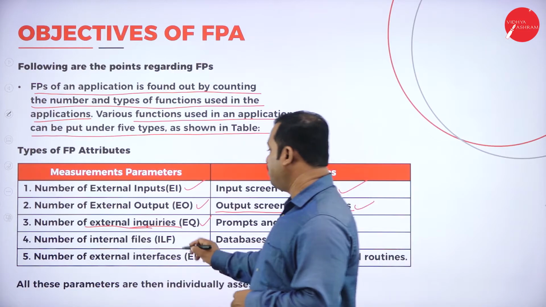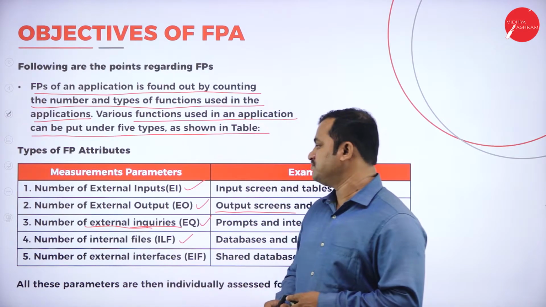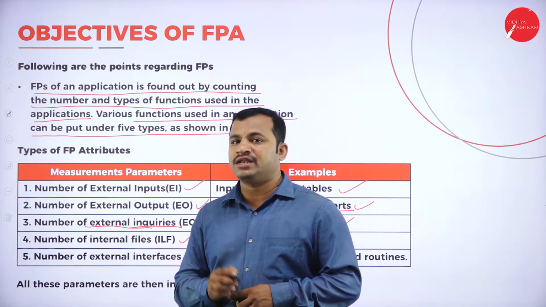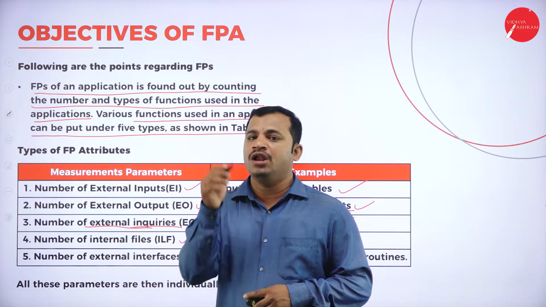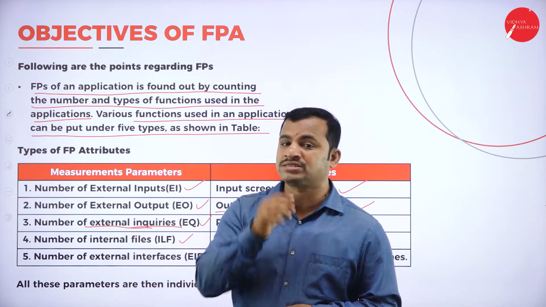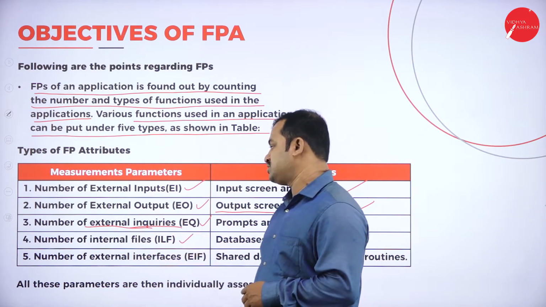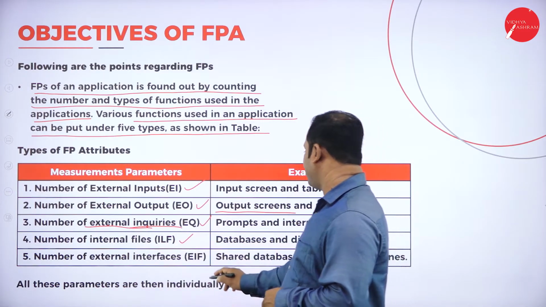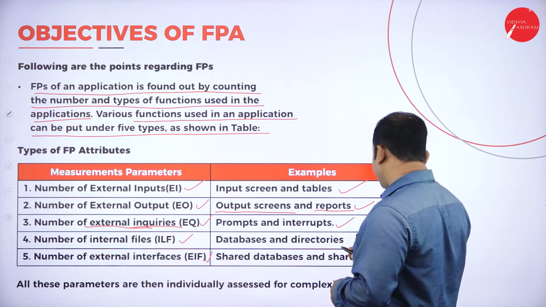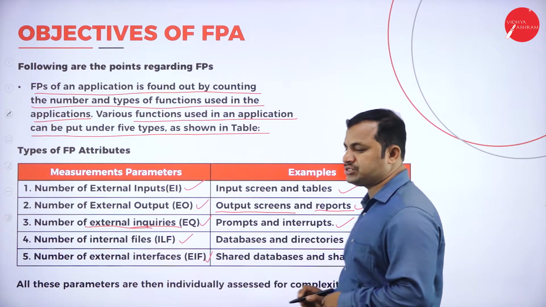Then we have the number of internal files. Internal files include the list of files that are going to be attached along with the message or information, that is called the list of internal files. Number of external interfaces includes shared databases and shared routines.